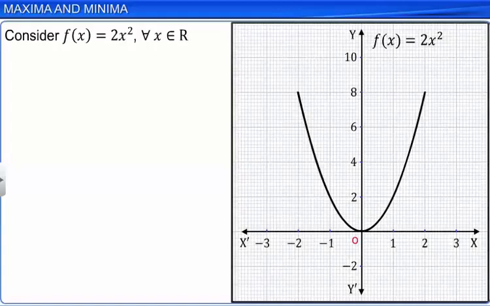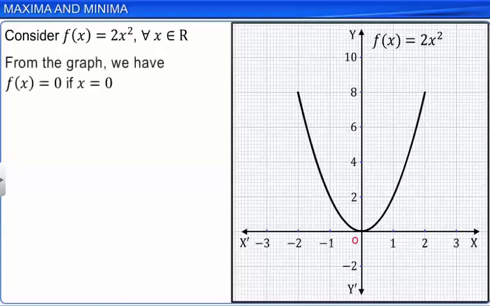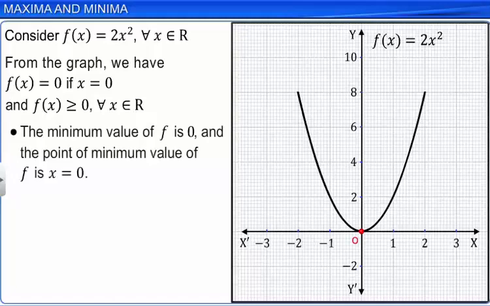The value of the function f at the point 0 is 0, and f of x is always greater than or equal to 0 for all real values of x. Therefore, the minimum value of the function is 0, and the point of minimum value of f is x is equal to 0.